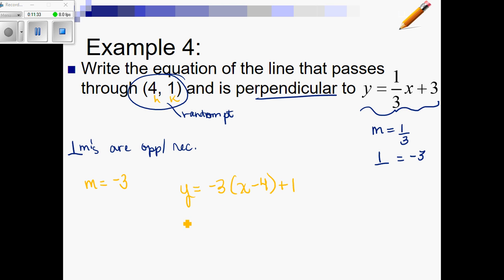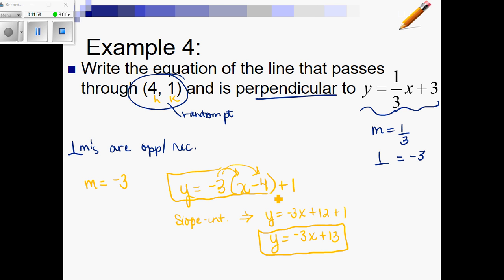So then if I wanted that in slope-intercept form, I would distribute the -3, and the equation in slope-intercept form would be -3x plus 13. Okay, so either one of these would be wonderful answers.